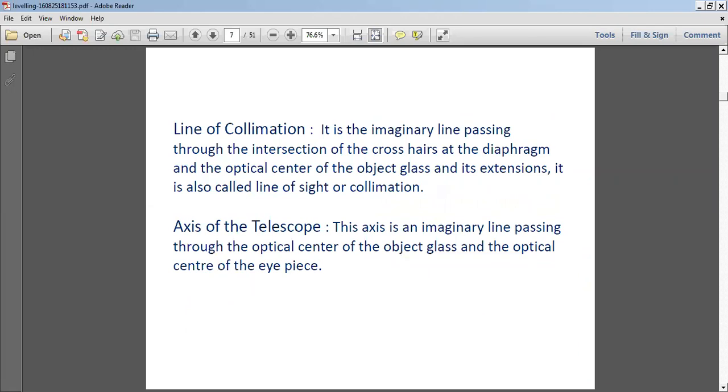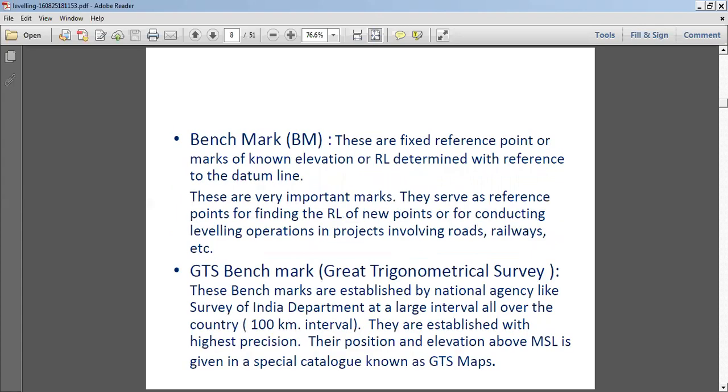Line of collimation: this is again an imaginary line. When we use the instrument, there is a telescope. One end of the telescope is known as the eyepiece, the other end is known as the object piece. I will show you here.